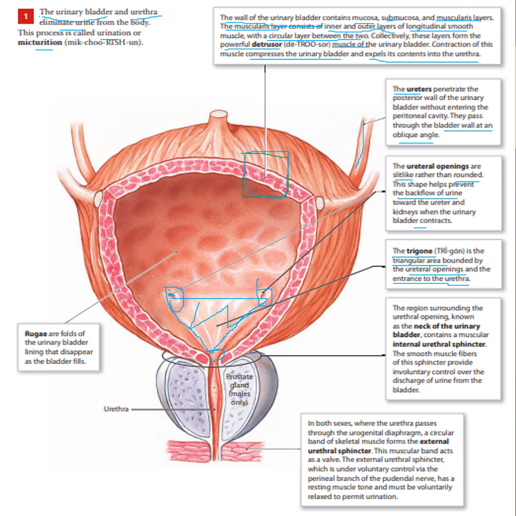Inside the urinary bladder there is a structure called rugae. These are folds of the urinary bladder lining that disappear as the bladder fills.